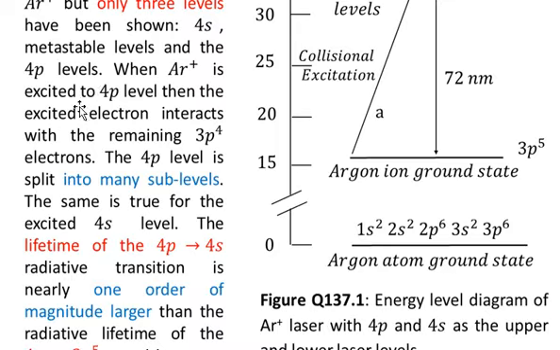When argon ion is excited to the 4p level, then the excited electron interacts with the remaining 3p4 electrons. So you see that we have 5 electrons in the 3p orbitals in the ground state of the argon ion, and when one of the electrons is excited to the 4p levels, the remaining electrons in this orbital will be 3p4, which are the unexcited electrons.